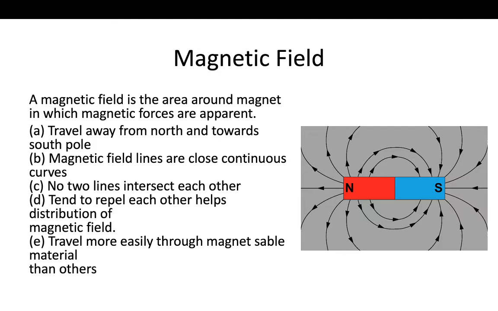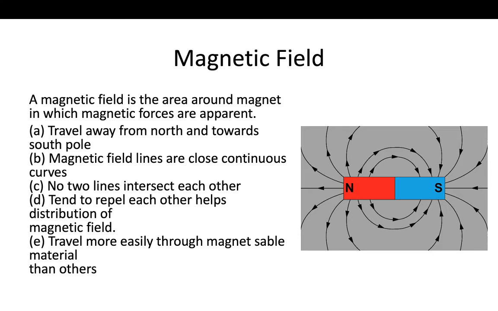No two lines intersect with each other, same as electric field lines. They tend to repel each other, which helps the distribution of the magnetic field, because they are all moving towards the south pole, so they will obviously repel each other, because the same poles repel and opposite poles attract each other.